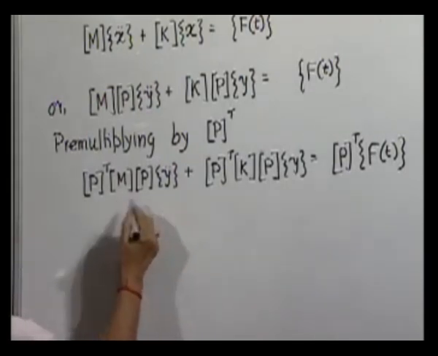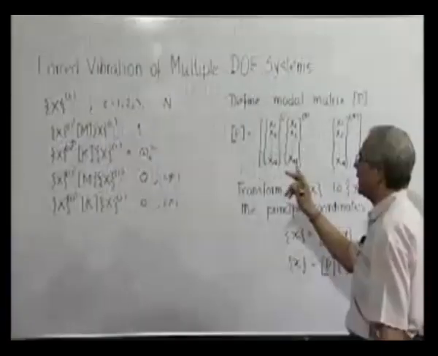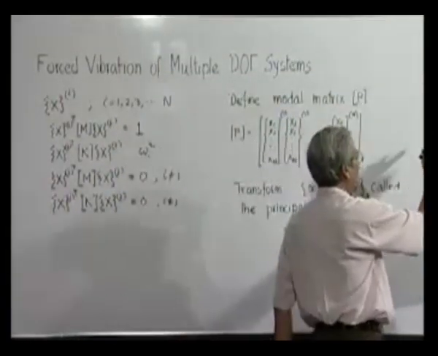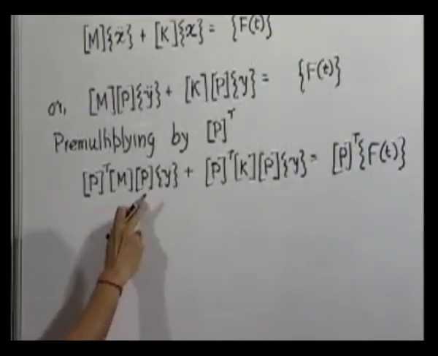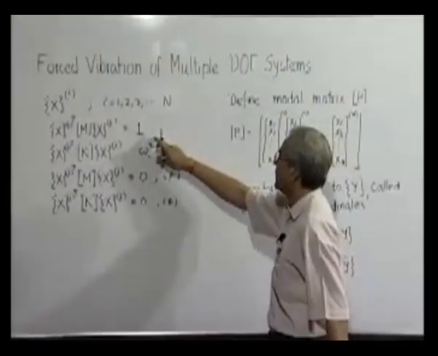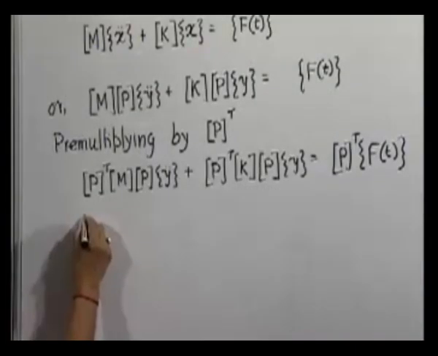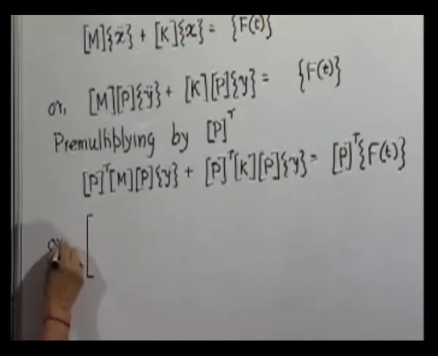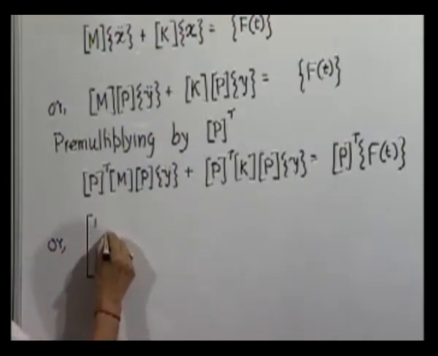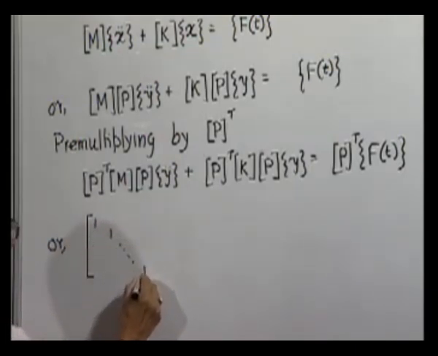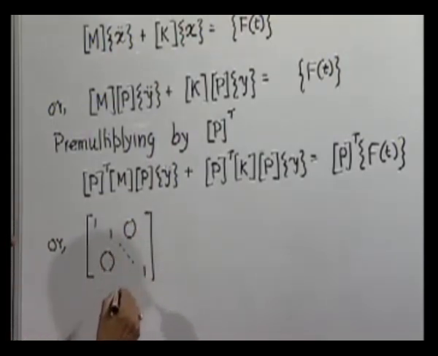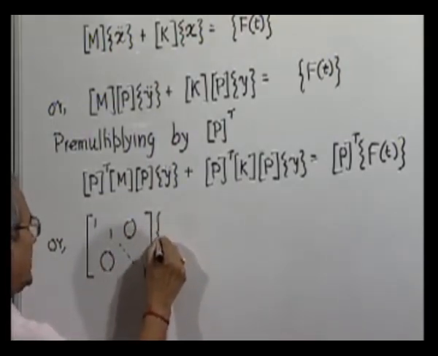This will be a square matrix, and because of our normalization, all the diagonal terms will be 1. This is the unit matrix, straightforward we should write.